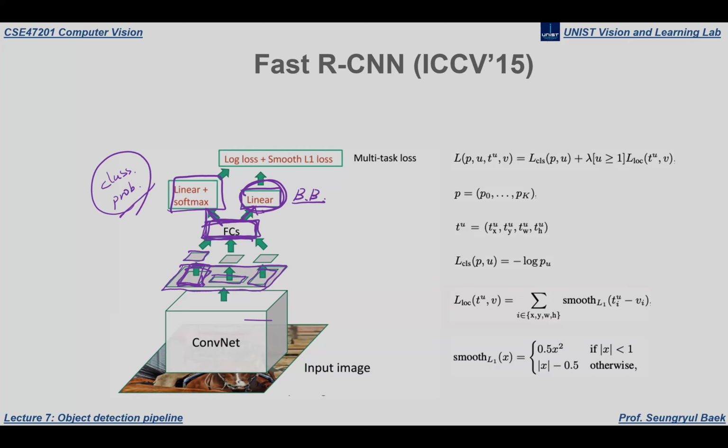Selective search is a heuristic algorithm, so its initial bounding box could be inaccurate. So here, using these features, we want to refine the bounding box and at the same time classify their classes. There are 2 outputs, so we are applying 2 types of losses.